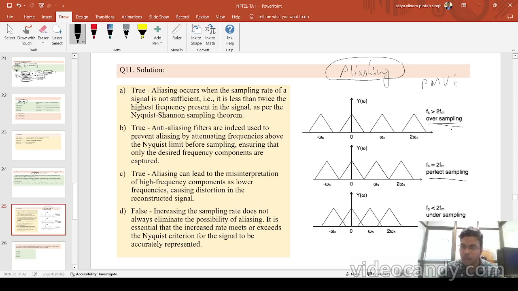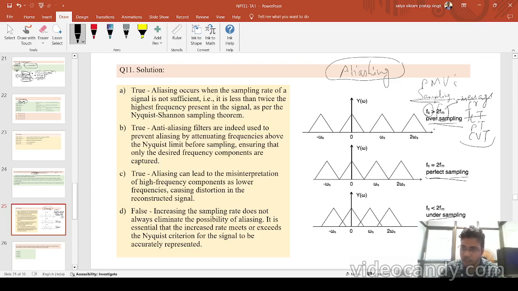FM is your message frequency, which is coming from the CT data, PT data, CVT data. And Fs is the sampling rate at which you should sample this data coming from these sources.